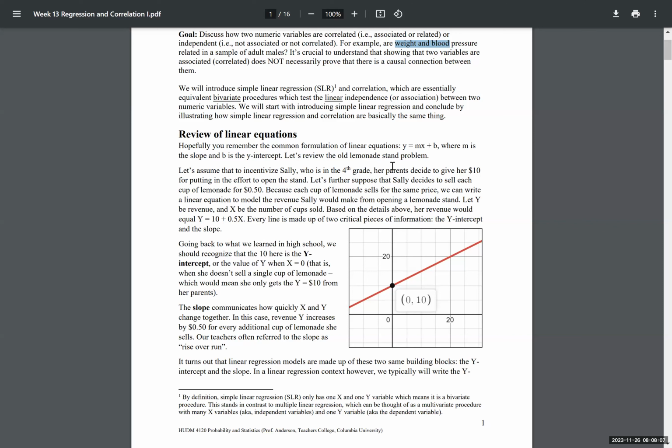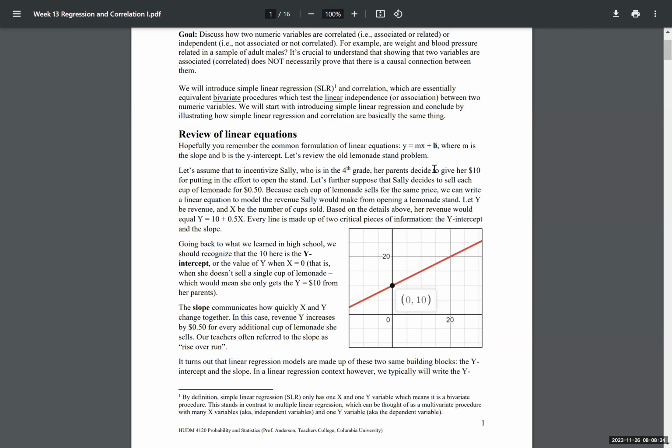And if you remember back to how we define or describe any line, we use this equation, at least this is what we use in the US, y equals mx plus b. And I hope that looks familiar. We have two parts that make up a line. The first thing we have is the slope, which is the m, and then we have the y-intercept, which is the b.